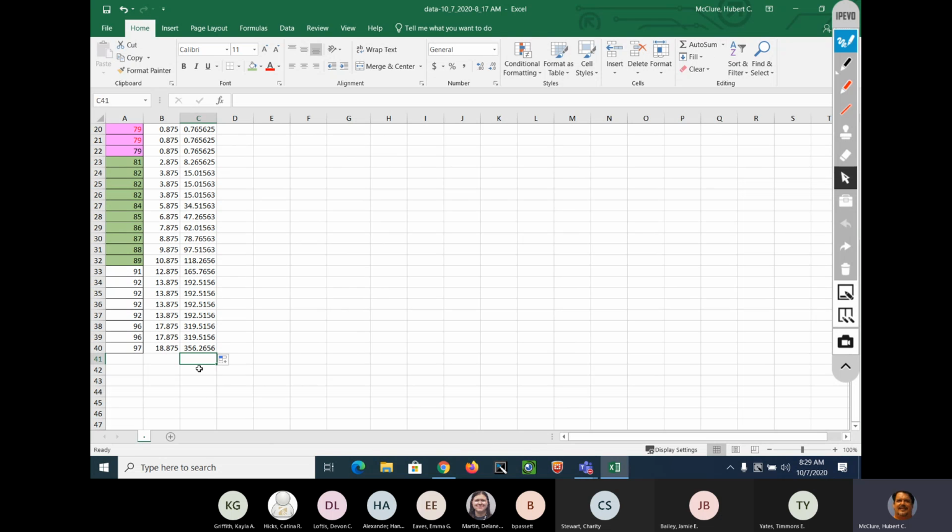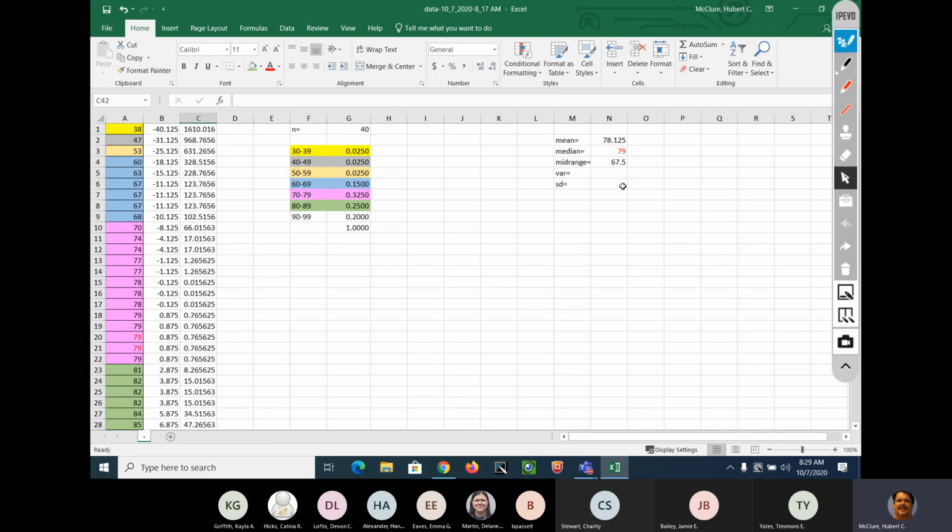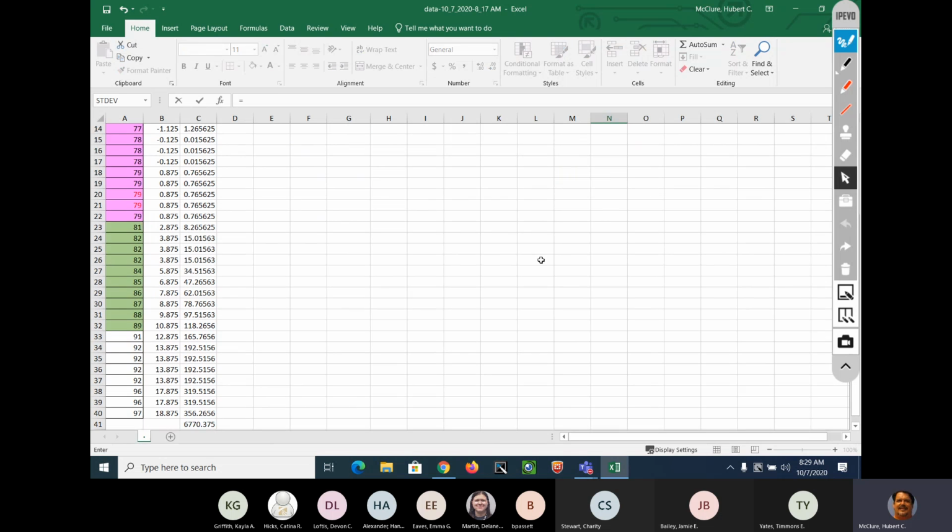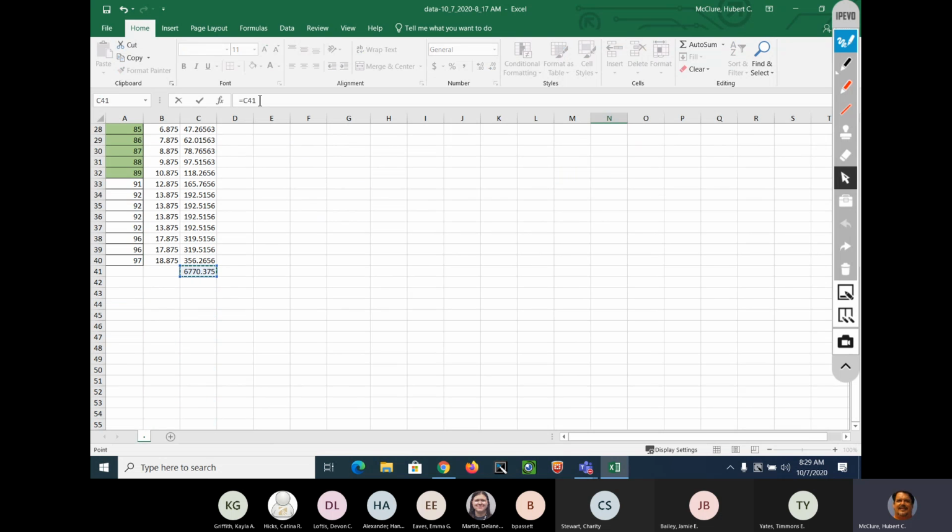What do we do with all of those numbers in that third column? We add them up, Hubert. Thank you, class. And then divide by n minus 1, which is 39. So the variance is equal to that number divided by 39.